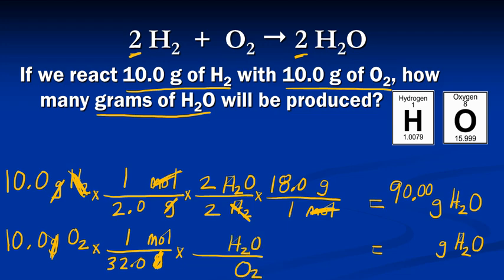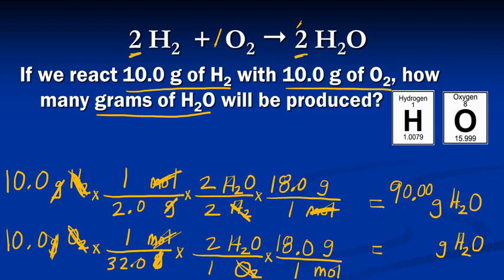And do you see the mole ratio? This time it is a 2 to 1 mole ratio. Oxygen cancels. Now we do step 3, which is convert to our final unit, which is grams. So moles on bottom, grams on top. And once again, it's 18 grams in 1 mole of water.